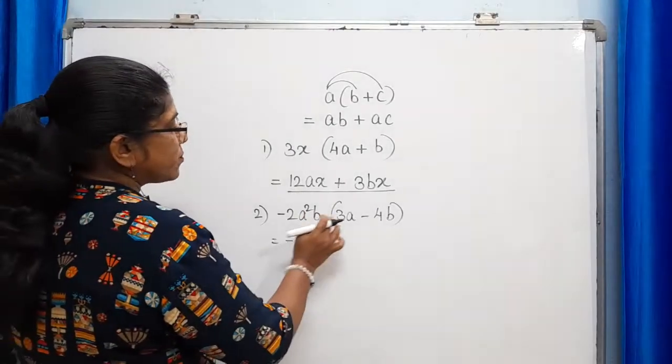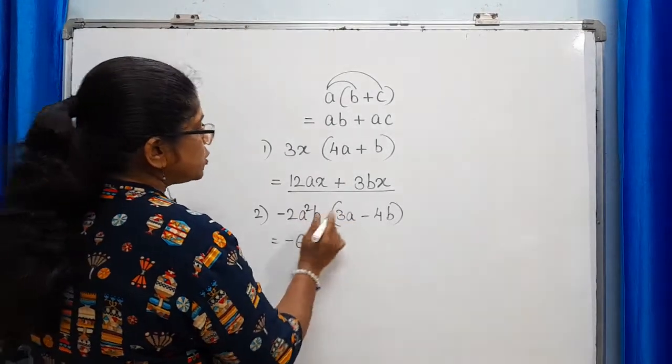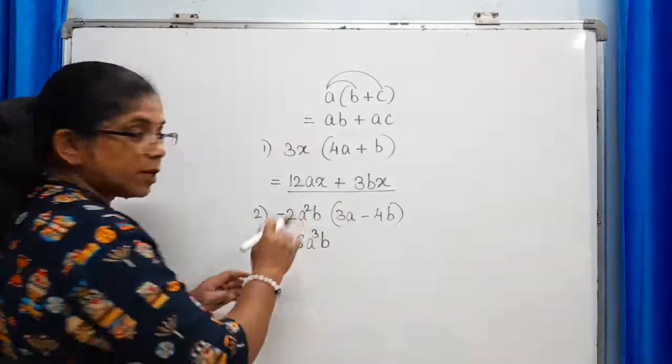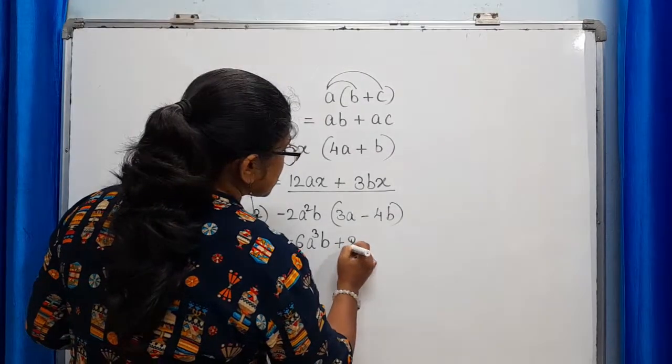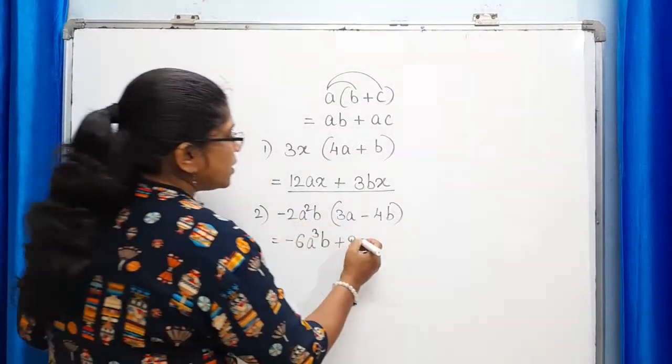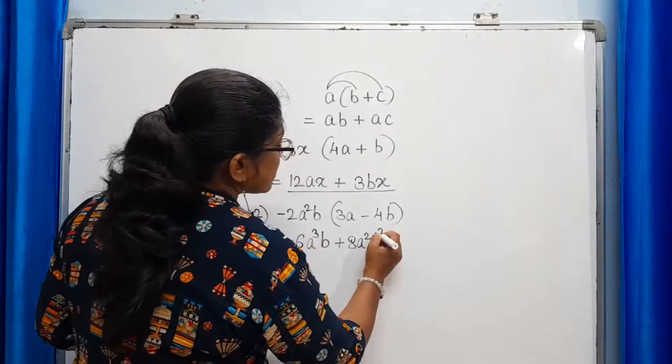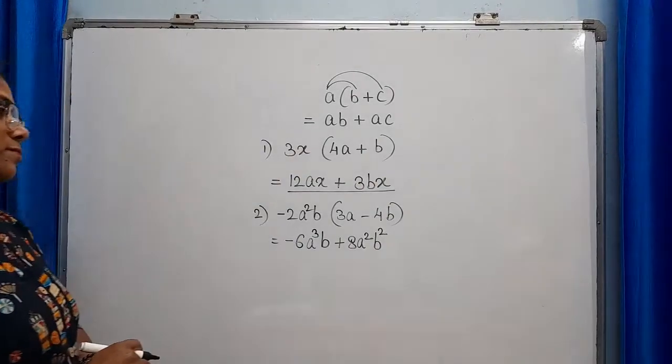A square b into a, a square into a is a cube b. Now next, minus 2 into minus 4 is plus 8. A square as it is, b into b becomes b square.